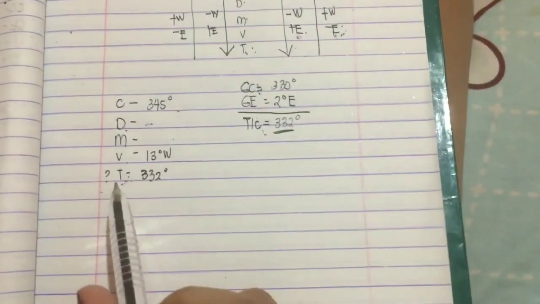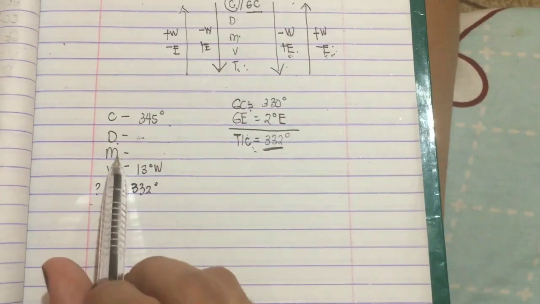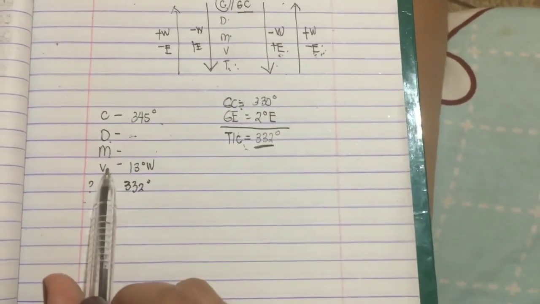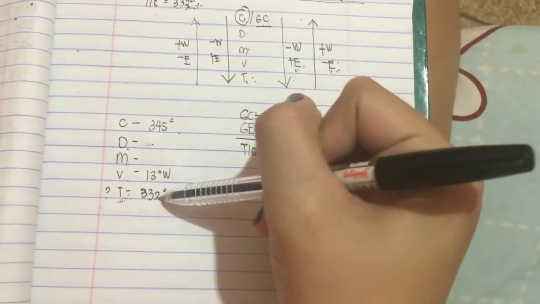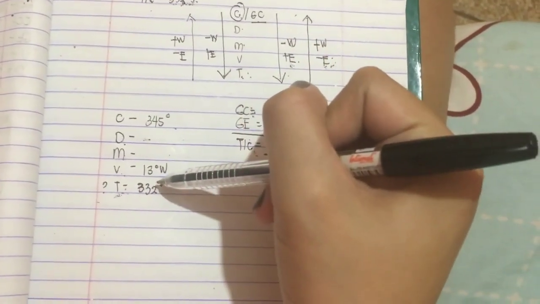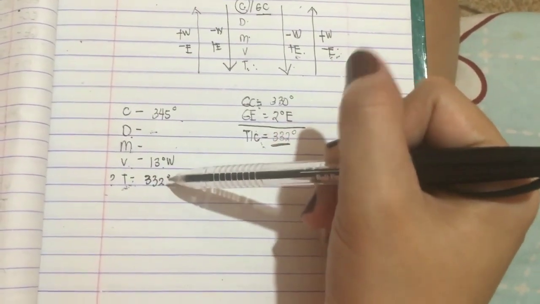So now, since we already have our true course, we can now find our magnetic course using the variation and the true course. So 332 degrees and 13 degrees west. So what should we do? Should we add or should we subtract?